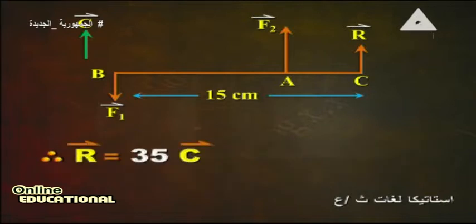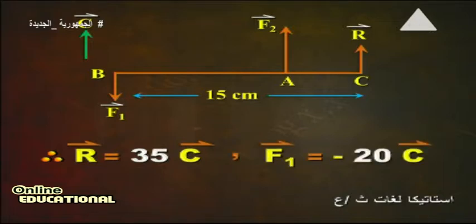We know from the given that R equals 35C and F1 equals negative 20C. Why? Because F1 is opposite to R. We take the C vector in the direction of the resultant R. Then R equals 35C, but F1 equals negative 20C.